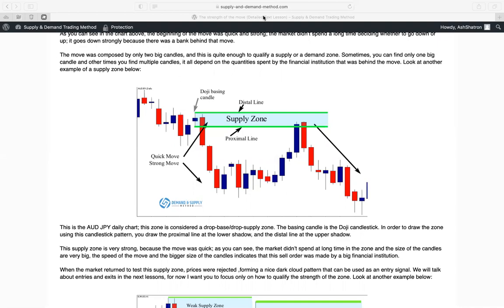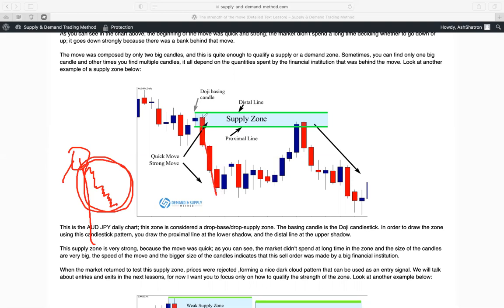Price goes down. Price moves up like this. This is your zone. Price should move all the way down to the downside. Now, if price is moving like this, like I told you, right? If price is moving like this, then this zone is not really strong. Price should move down like this.